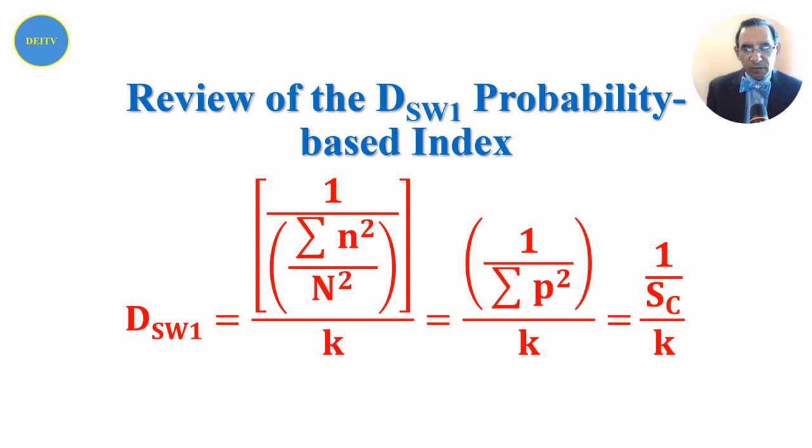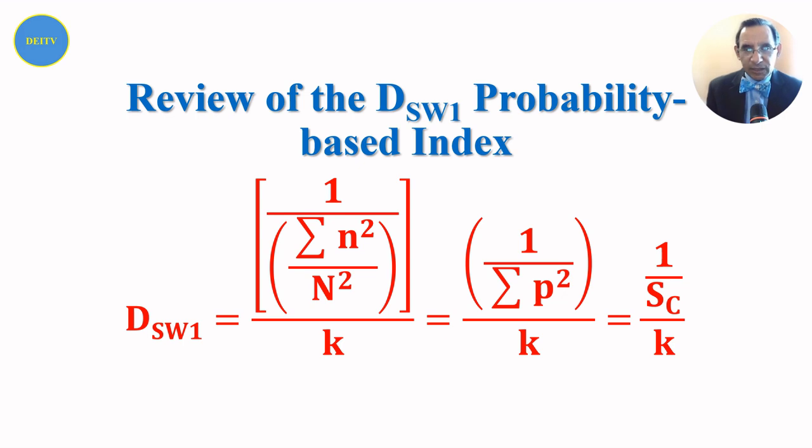Another way of stating the formula is 1 divided by the sum of each percentage squared divided by k. And again, as I mentioned, it's going to be 1 divided by the Simpson concentration or similarity index divided by k. The 1 divided by the Simpson concentration or similarity index is basically the reciprocal of the concentration index.